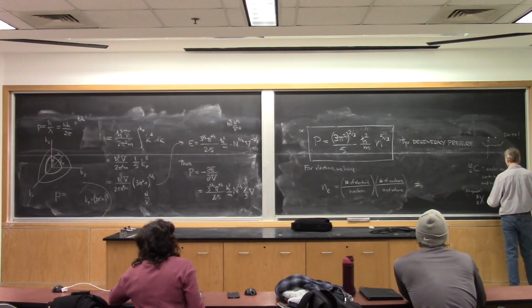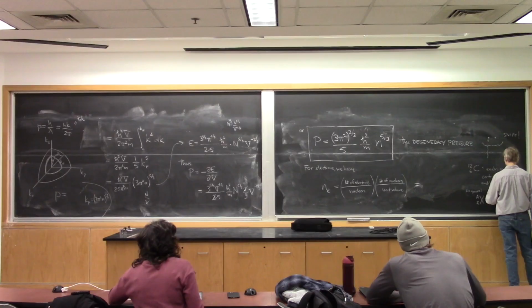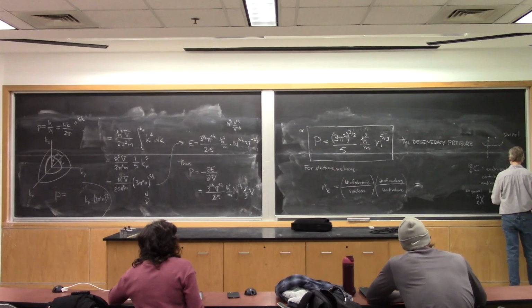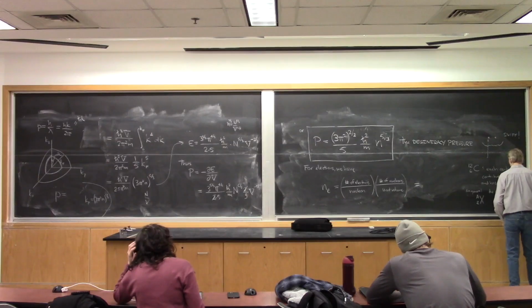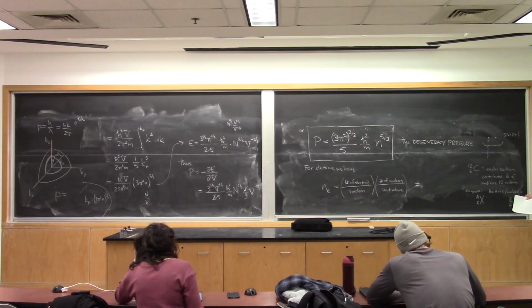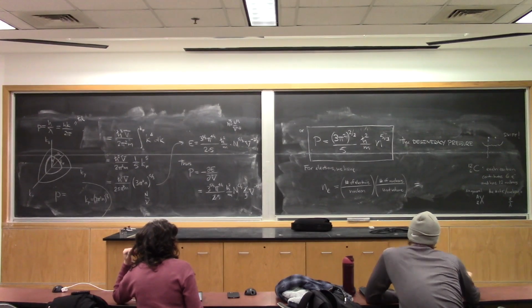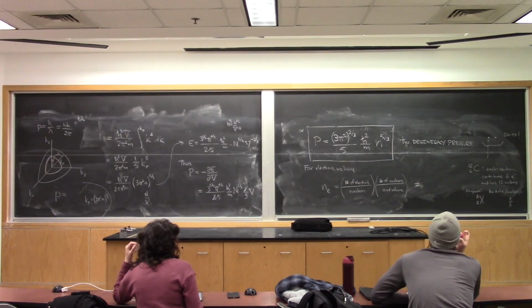So in general, the number of electrons per nucleon is Z over A, right? For carbon, it was 6 over 12. In general, it's going to be Z over A for whatever isotope of some element that our white dwarf we imagine to be made of.